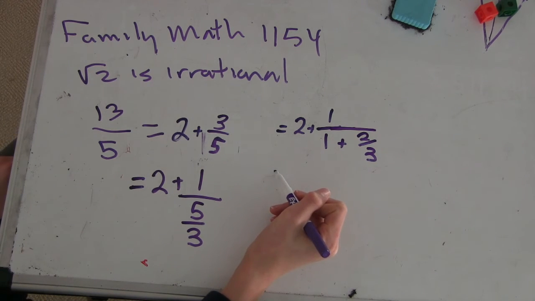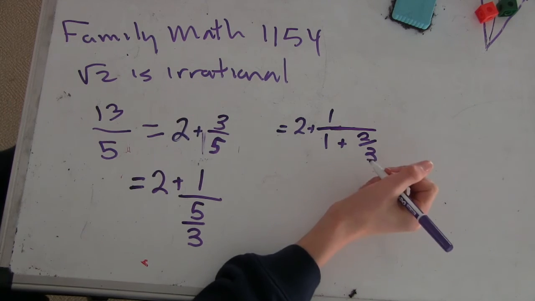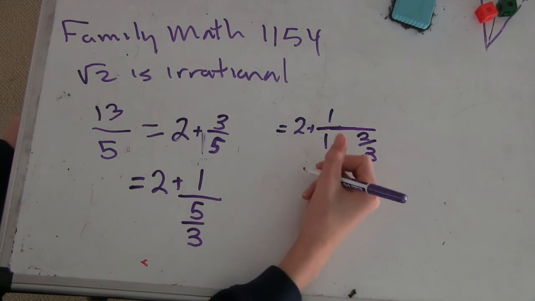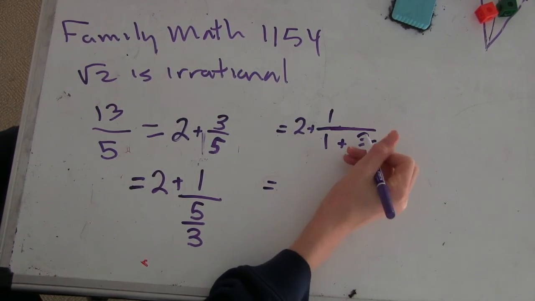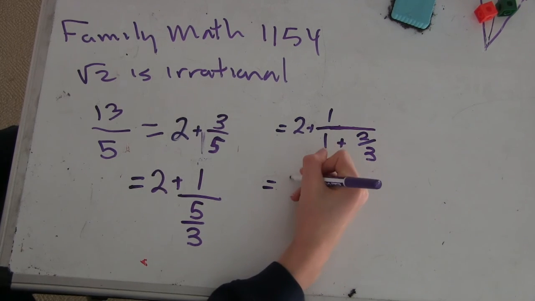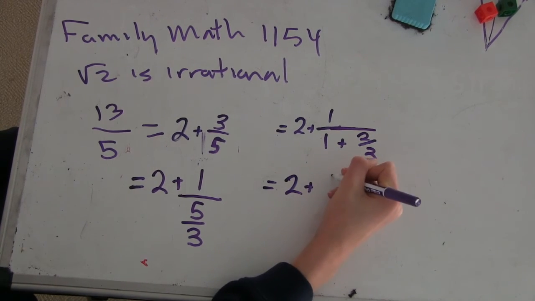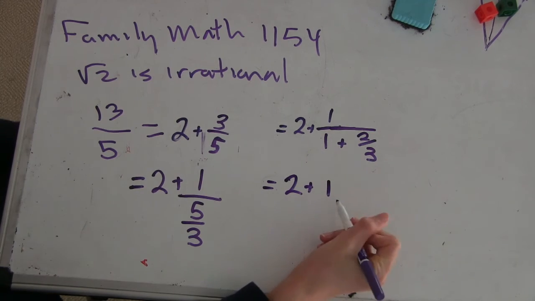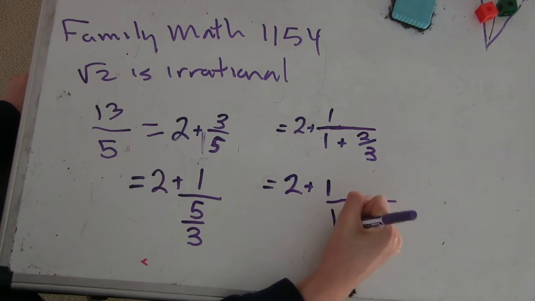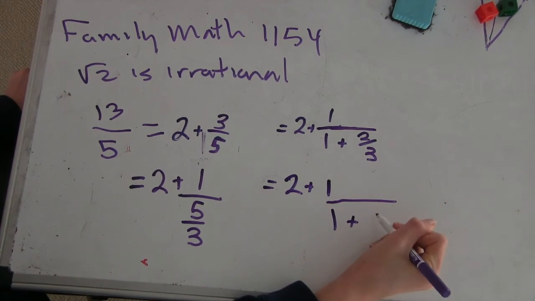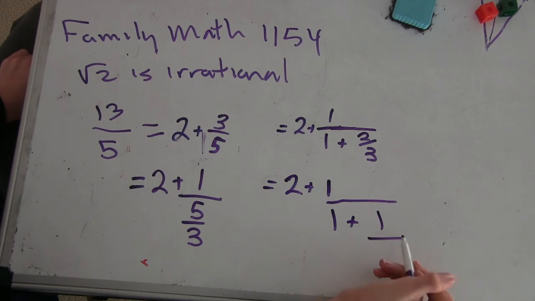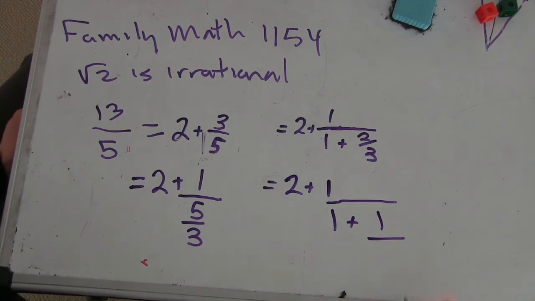Okay. So we can do the same thing. And write this as 1 over 3 halves. 2 plus 1 over 1 plus 1 over 3 halves. Yeah.